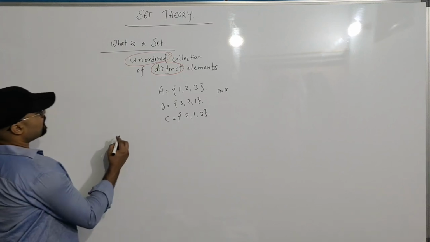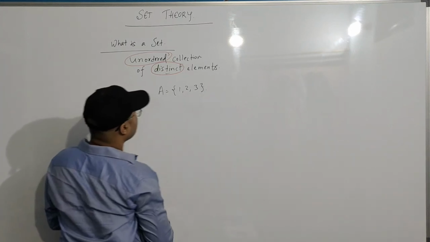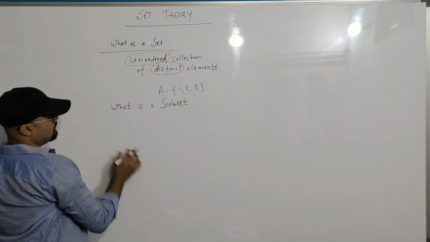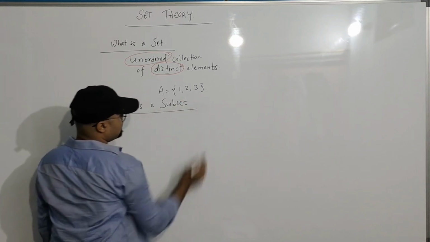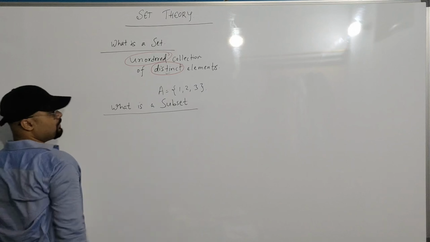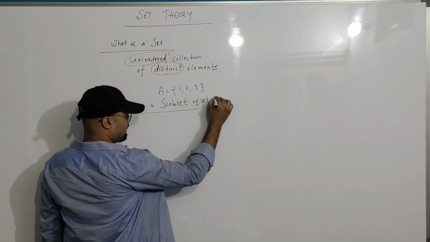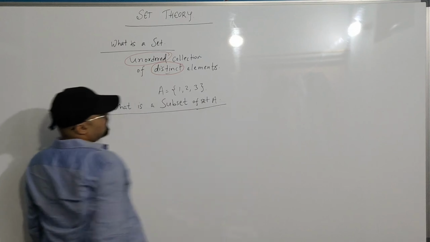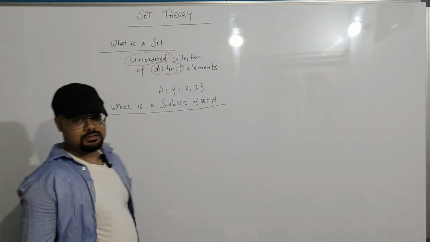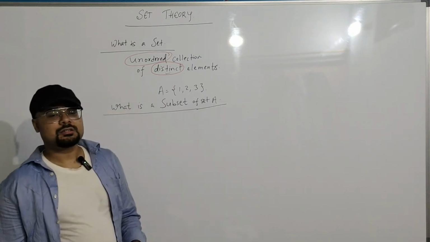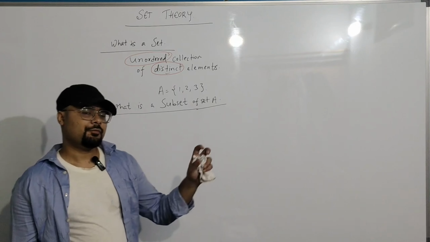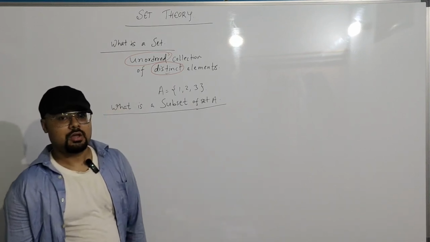What is a subset of a set? We are concerned with set A right now. If there is any other set whose elements are from set A, what does it mean?